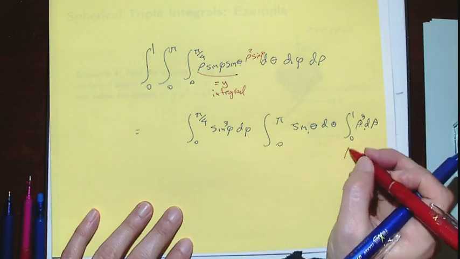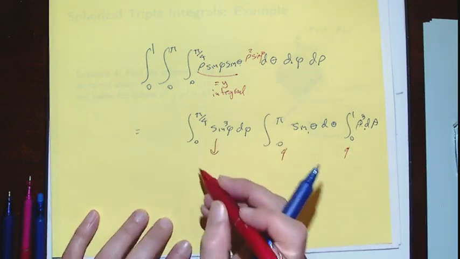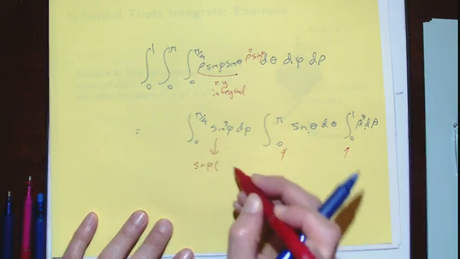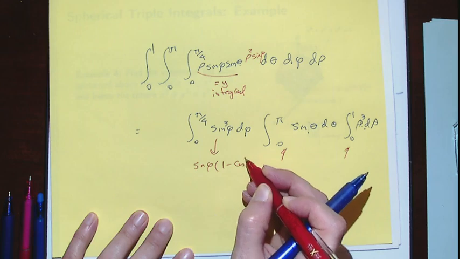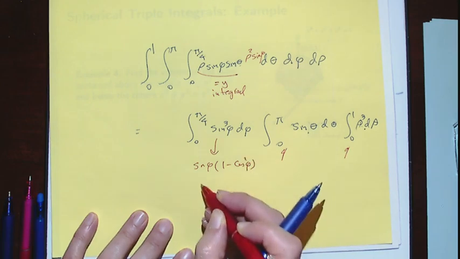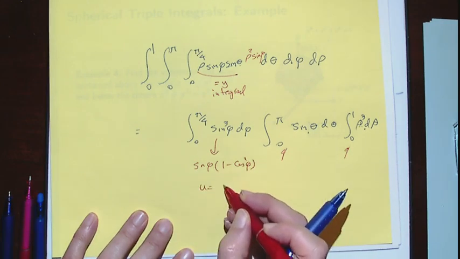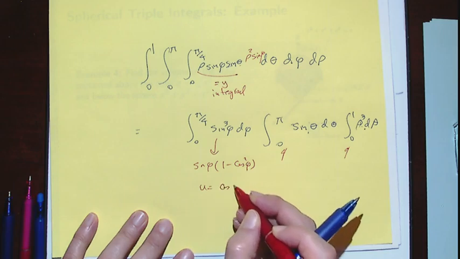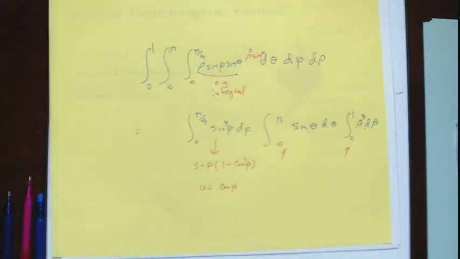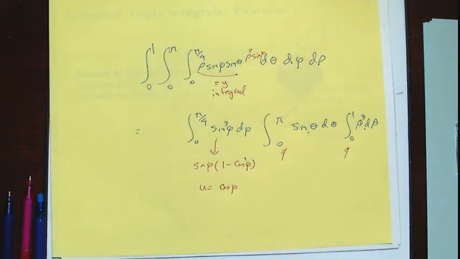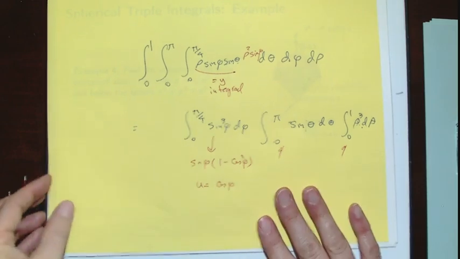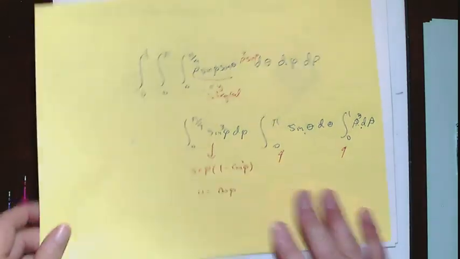These two are easy for you. The last one, to remind you, is sine of phi times 1 minus cosine squared phi and u substitution, cosine phi. That's it. I'm not going to finish it. But there are finished notes in your lecture notes.